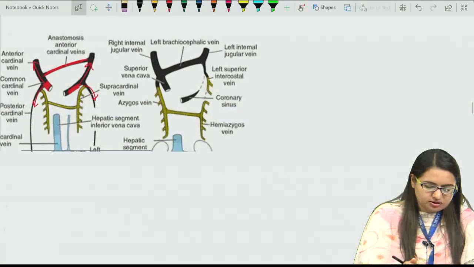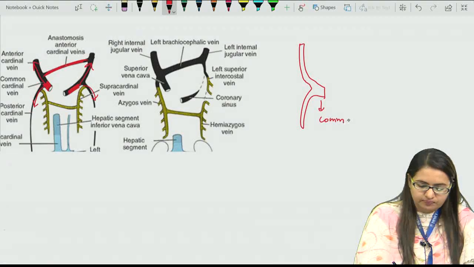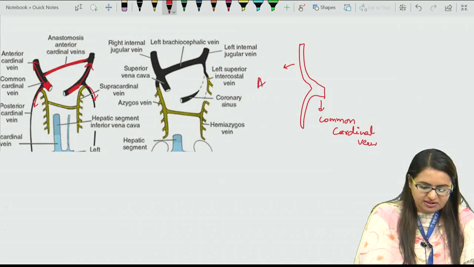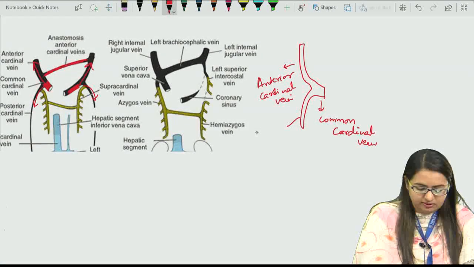If we see this structure, this is the common cardinal vein, this is the anterior cardinal vein, and towards this side we have the posterior cardinal vein.